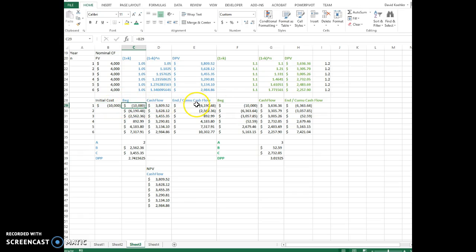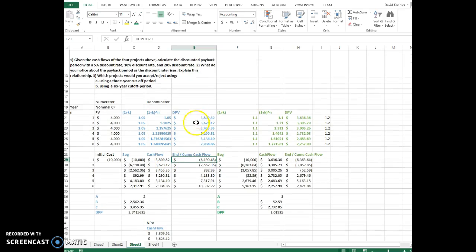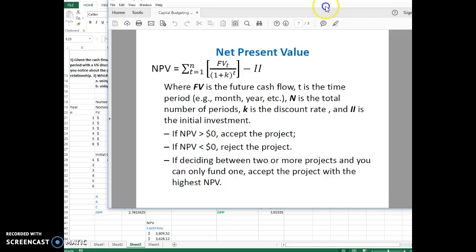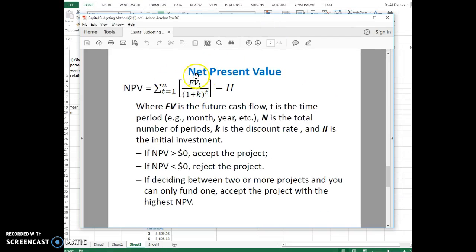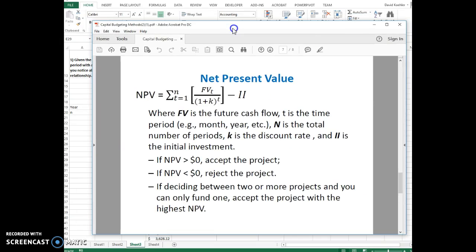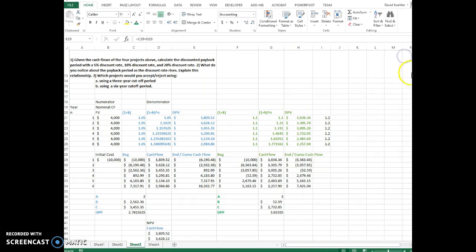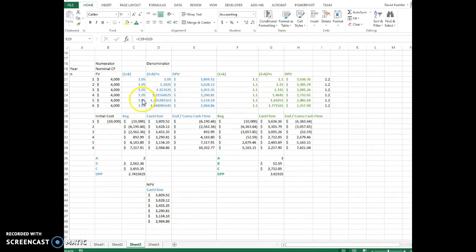We're not going to do this column, the cumulative cash flow. We're just going to do the sum of the cash flows that are discounted, right? So in this case, what I've grabbed here is the discounted present value, right? So we've done that. This is this piece. That's all that is, right? So I've got those for each year right here because we calculated it up here.